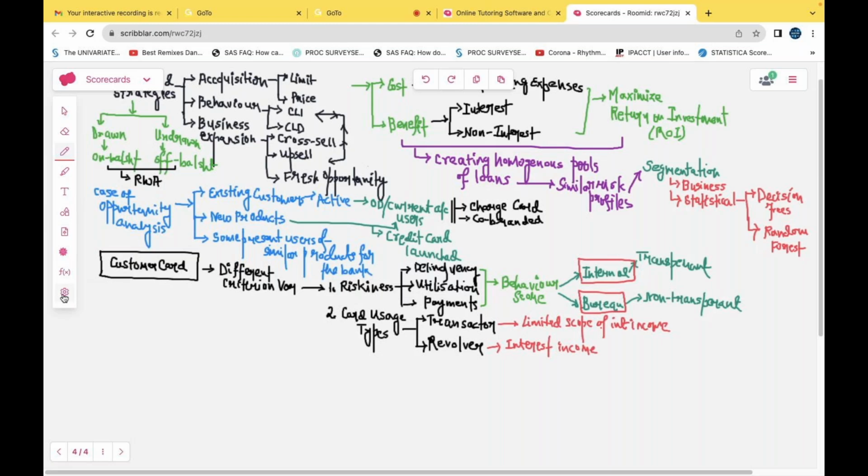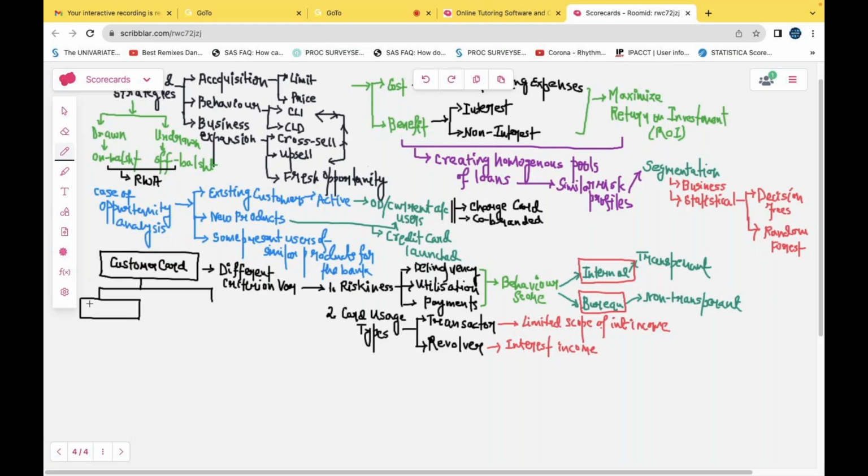So over here, let's say I first decide to do a score based segmentation. I am using a behavior score as the generic thing, and then we'll explore whether behavior or internal. So I'll call them BSI and BSB, something like that.